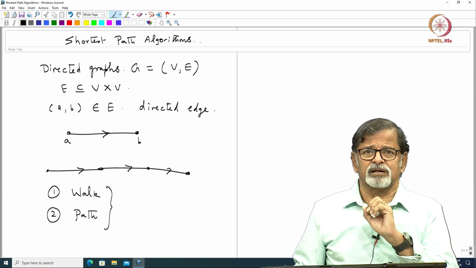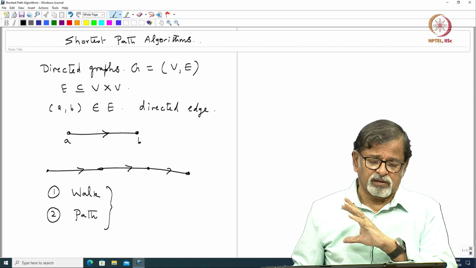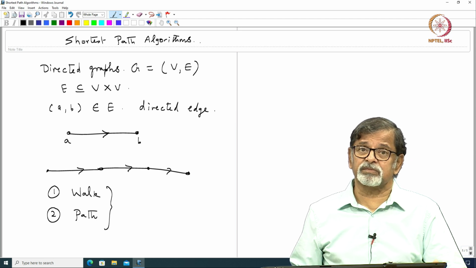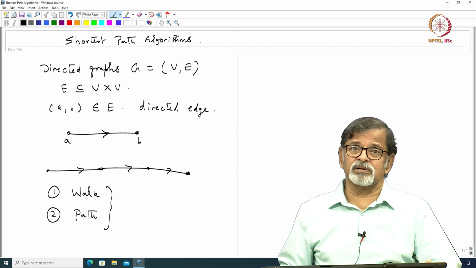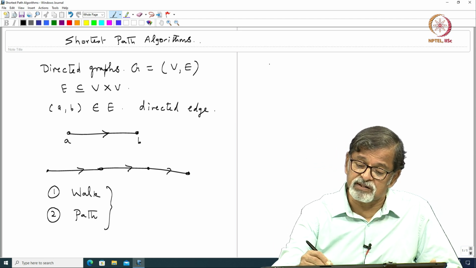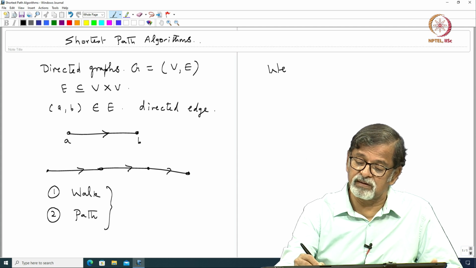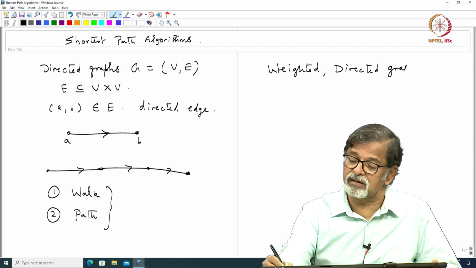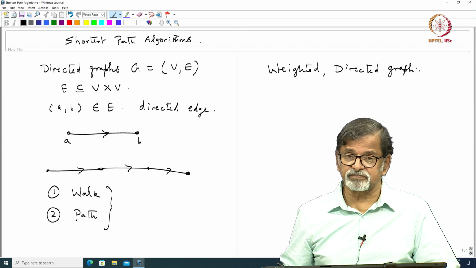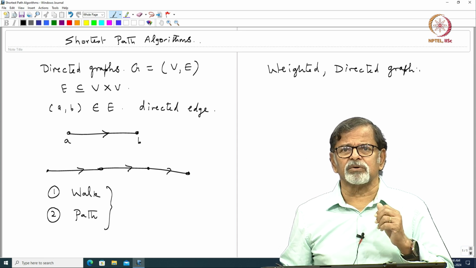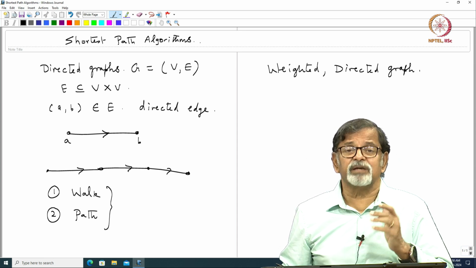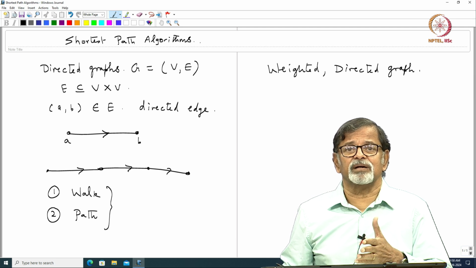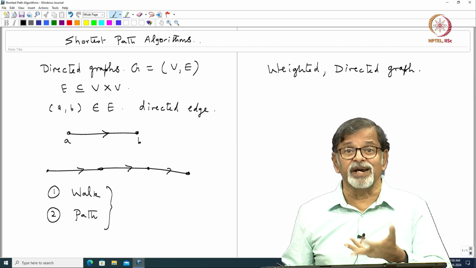In the discussions related to shortest path algorithms, we work on what is known as a weighted directed graph. In fact, the weights are associated with edges.